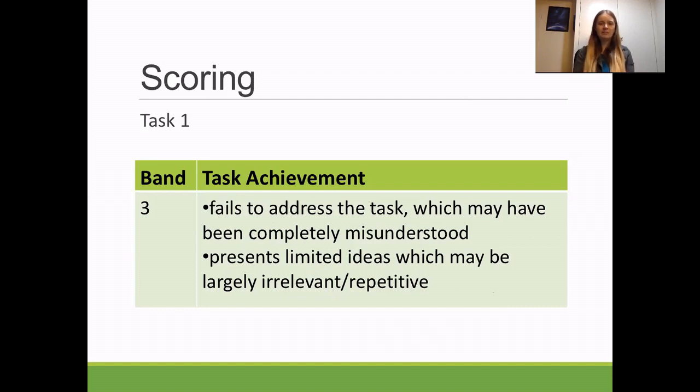So if you completely misunderstood the question, then there's a chance you might get a score of 3. Or if you present limited ideas which are largely irrelevant or repetitive, then you could also get a score of 3. So if you're just saying lots of numbers that aren't relevant to the ideas that you're trying to convey, or if you are just repeating a lot of information, then you might get a score of 3.